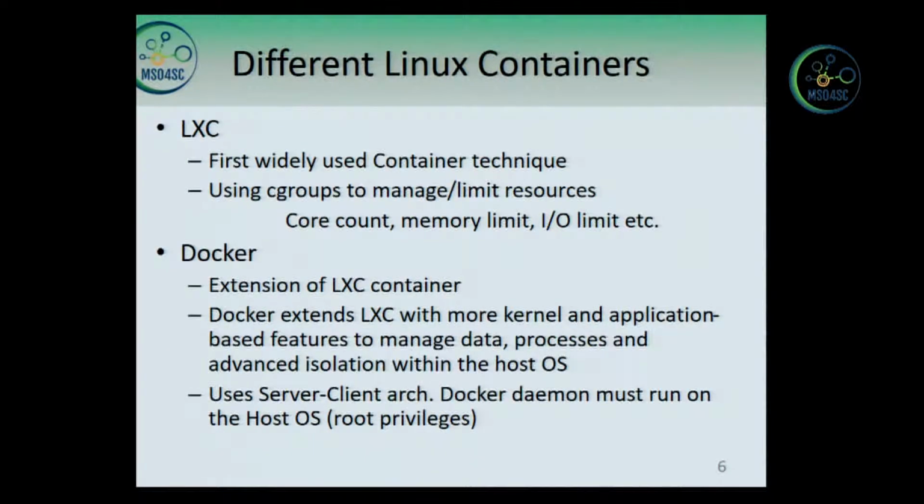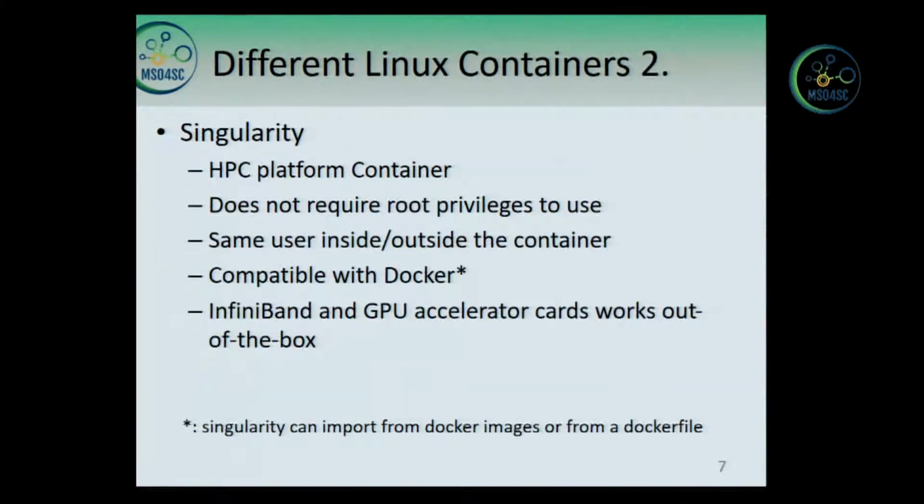It adds special kernel modules to improve the separation of the different containers. But the biggest disadvantage is that it uses a client-server architecture, so we have to use the Docker daemon, which requires root privileges, to use Docker in an HPC or on a normal PC.